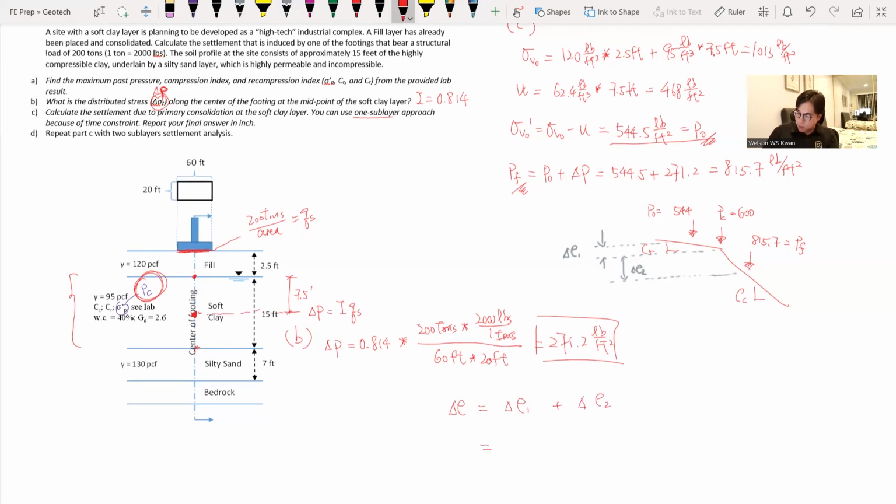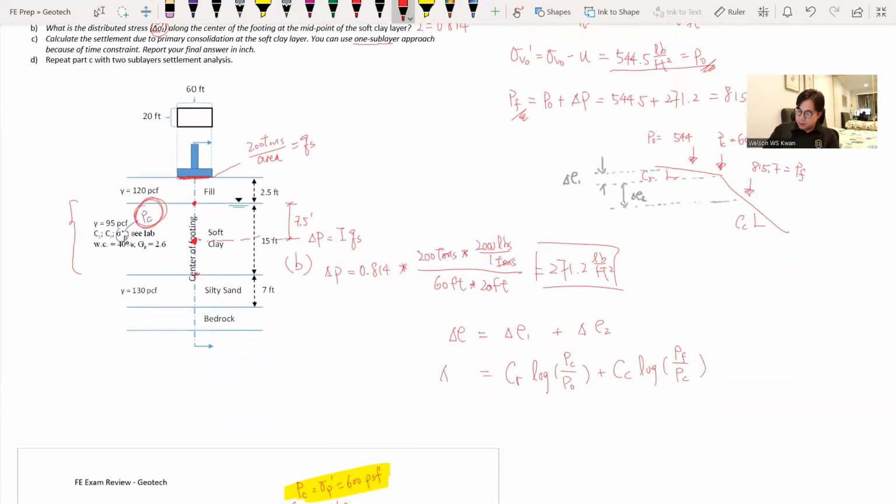And the delta E1 is equal to C sub R times the log P sub C divided by P sub naught, plus the C sub C, which is the other part right here, the delta E2, times log P sub F divided by P sub C. So that is the delta E.